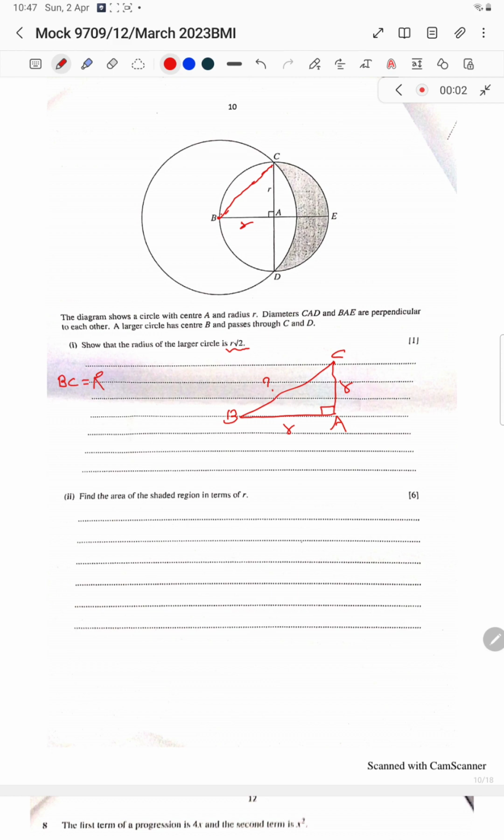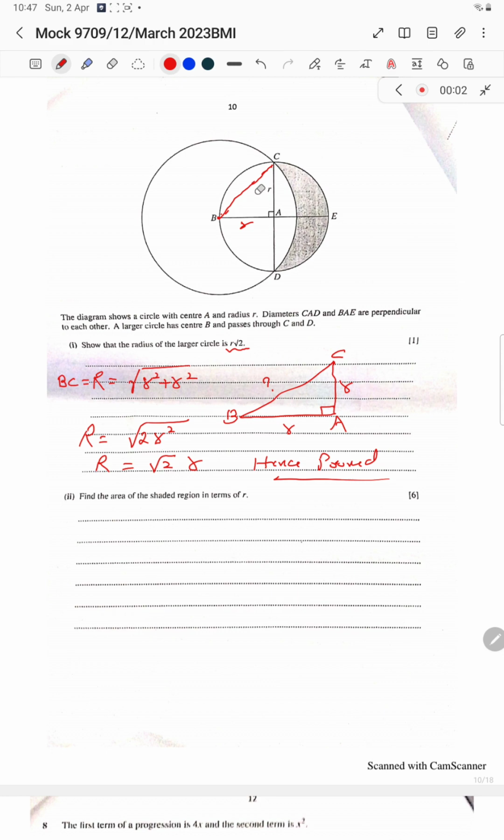BC is the radius of the capital one, that gives me the square root of r square plus r square, which is 2 r square. So it means square root 2 times r. We were looking for this. This is the radius of the larger circle. I hope it is clear so far, right?